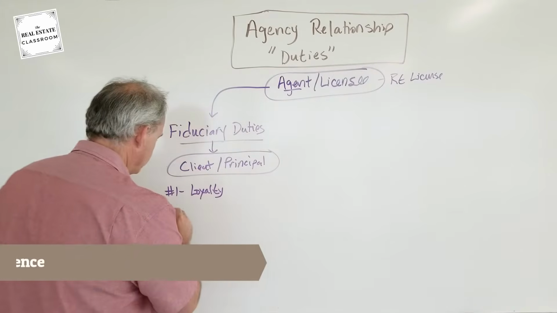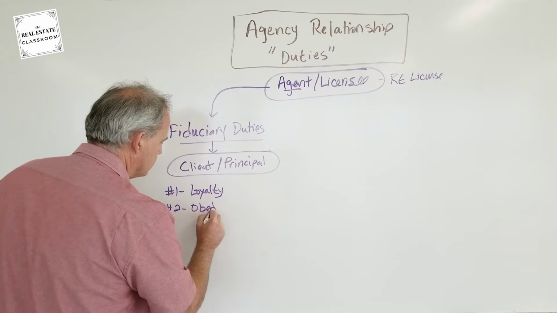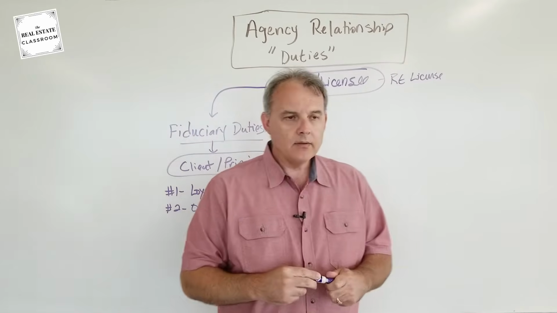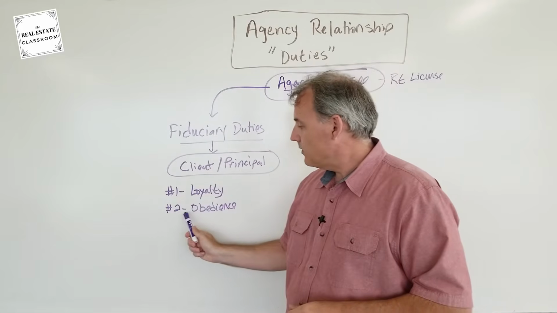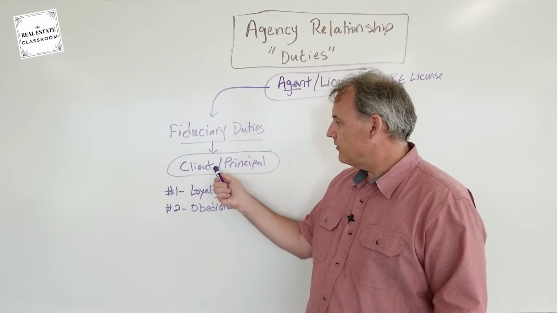Number 2, the second fiduciary duty is obedience. Now, obedience means that the agent is going to carry out the wishes, the lawful wishes and requests of their client.